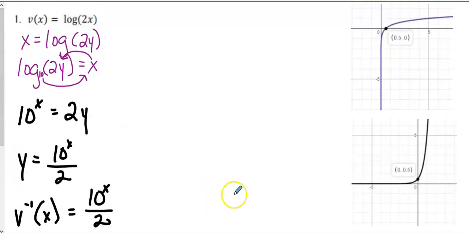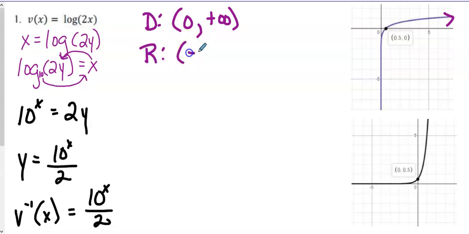Let's look at the original function and let's write domain and range. Remember, these are opposite of what our other ones were. So domain starts at the left, and that starts at 0. It has a vertical asymptote at 0. And it goes forever towards positive infinity.